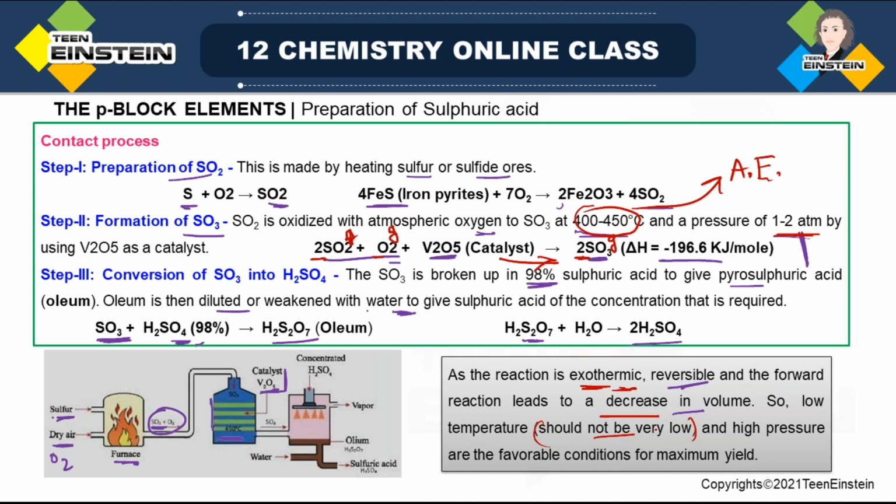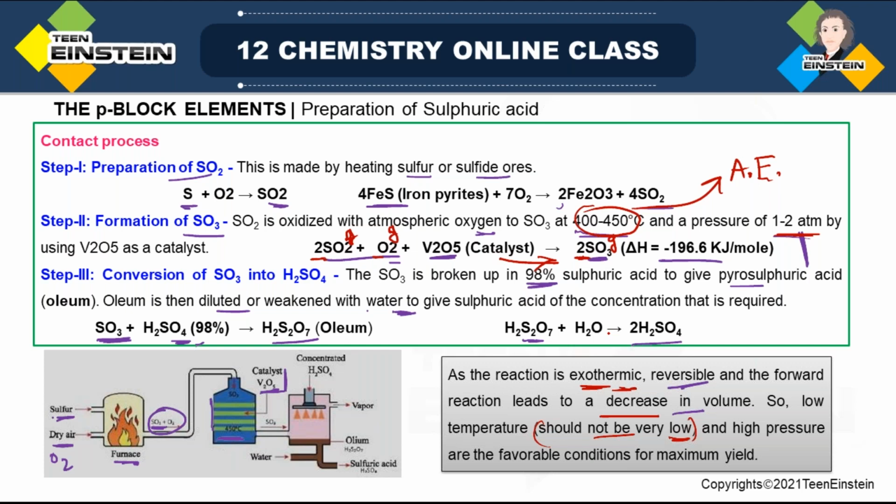Okay, and this high, low, all these terms are actually relative. If I am saying that temperature is low or temperature is high, there is no meaning in that. You have to compare with some other value, then only it is high or low, right? So here we are saying low, but don't think that it is very low temperature, like less than 100 or something like that.